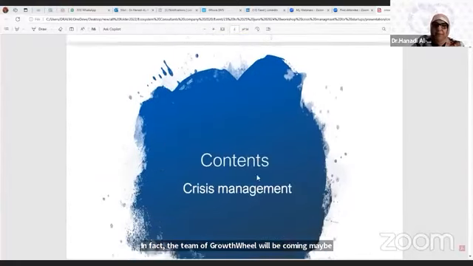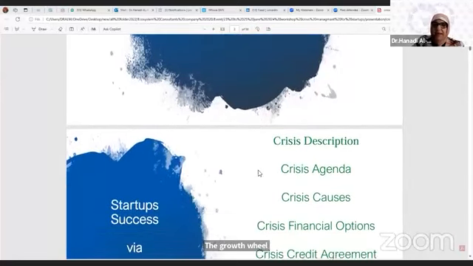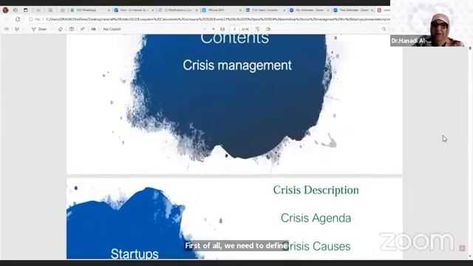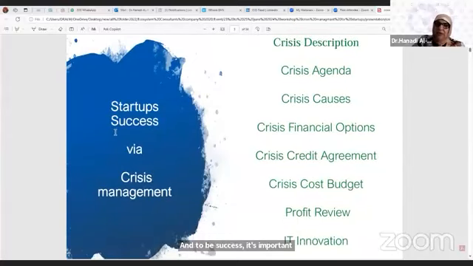First of all, we need to define what crisis management is. We will discuss startup success via crisis management. We know that entrepreneurs and startups are always looking to succeed, and to succeed, it's important to use tools that can help them.